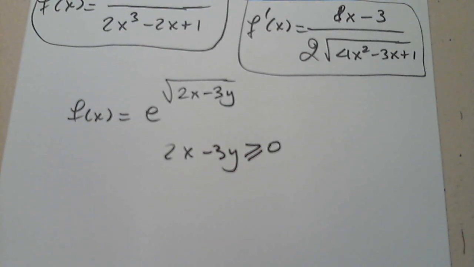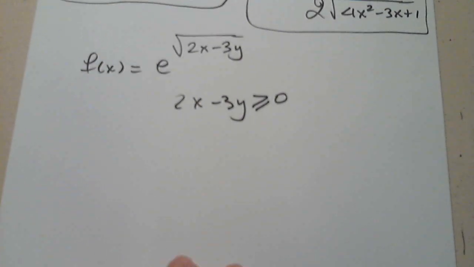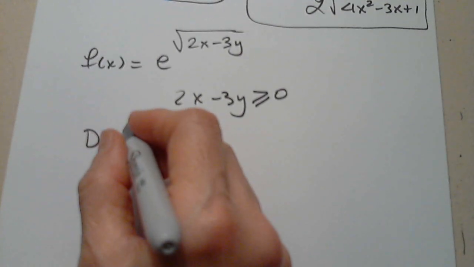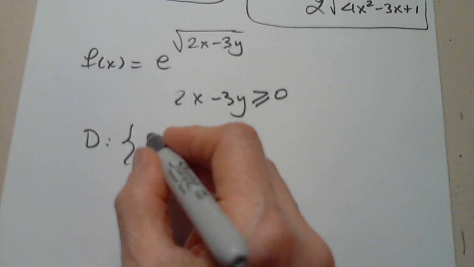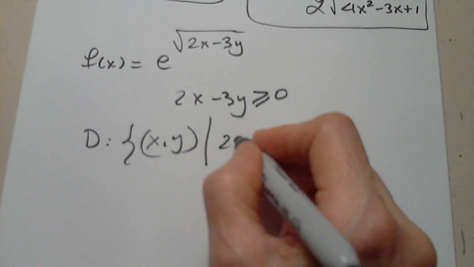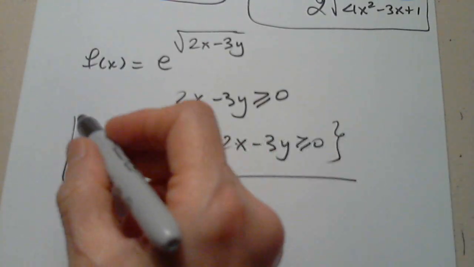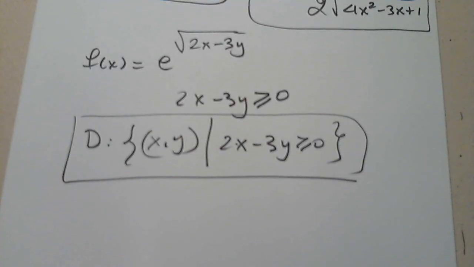Since it's under a square root, it has to be greater than or equal to 0. So when I write the domain, that's all I have to write. That consists of the ordered pairs such that 2x minus 3y is greater than or equal to 0, and this is it. I don't have to do anything else.